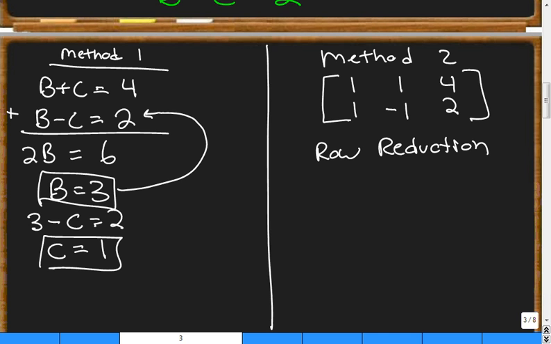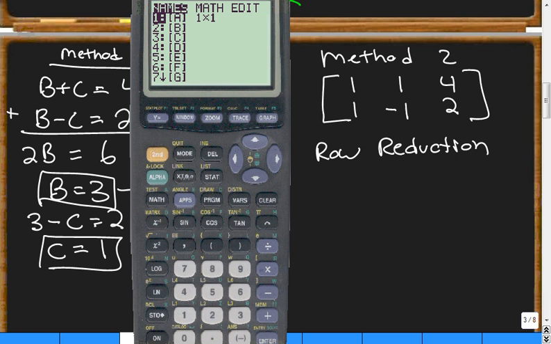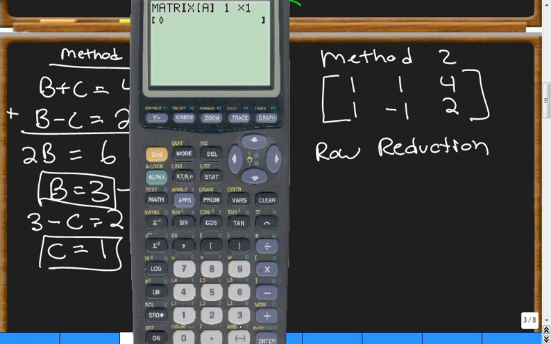But as a reminder on how to use the calculator, you would want to go to second matrix. You would create the matrix that we just did, which is going to be a 2 by 3. You get 1, 1, 4, and you get 1, -1, 2.